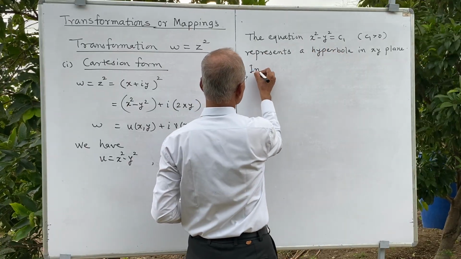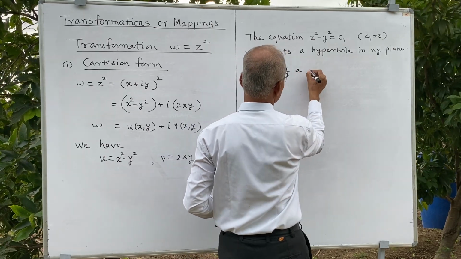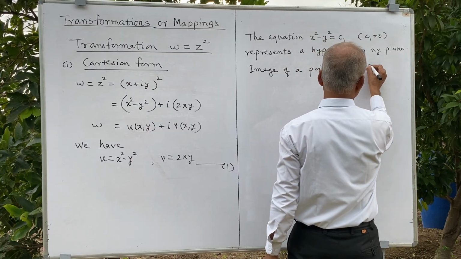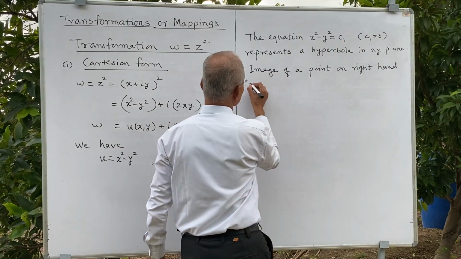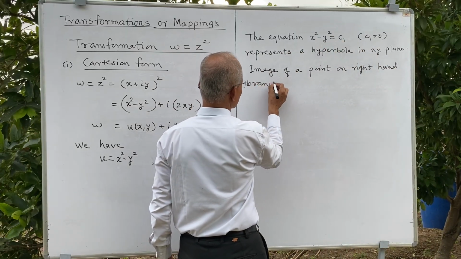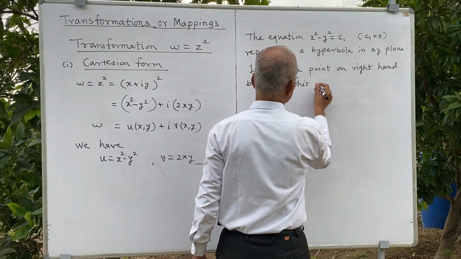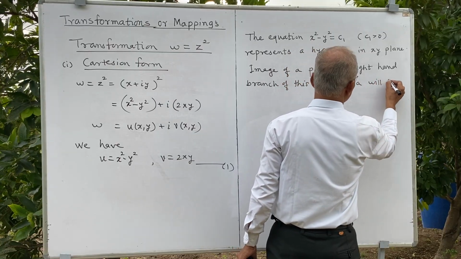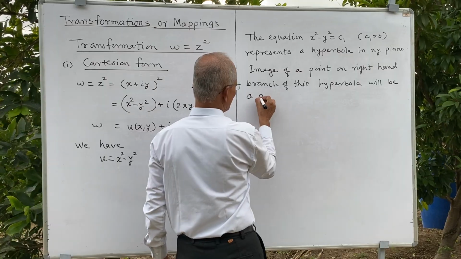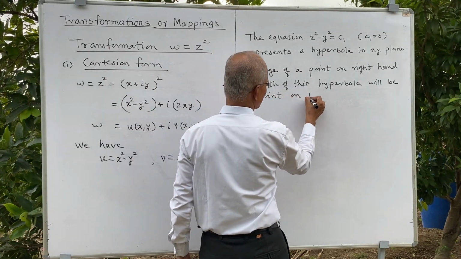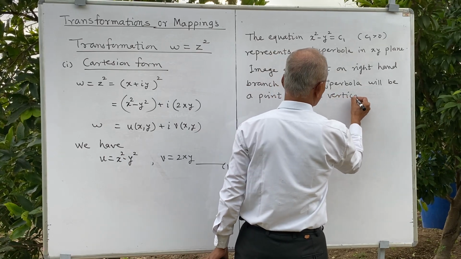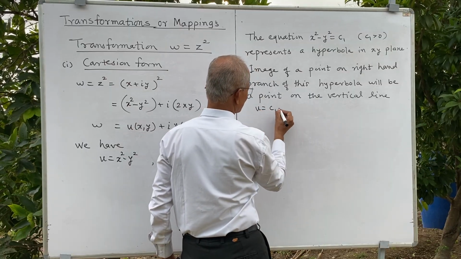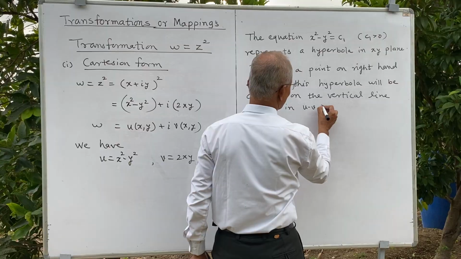So the image of a point on the right hand branch of this hyperbola will be a point on the vertical line u is equal to c1 in the uv plane.